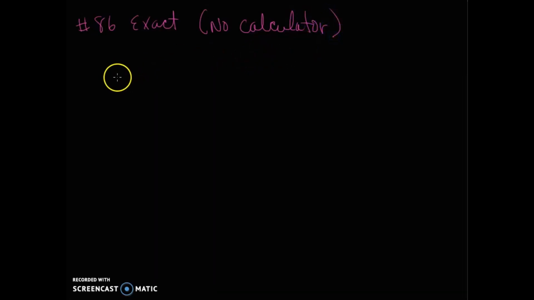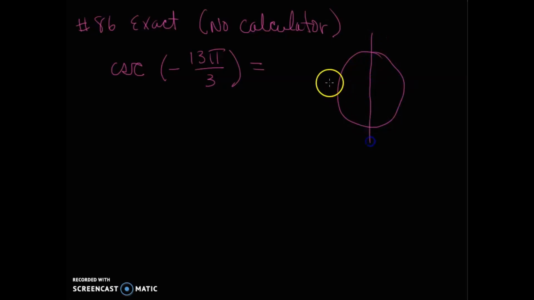So 86. The cosecant of a negative 13 pi over 3. Okay, I'll get better at these circles eventually.